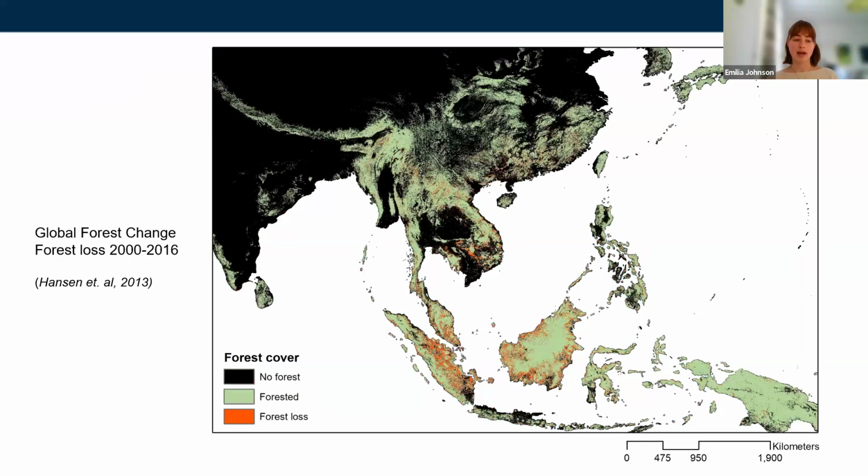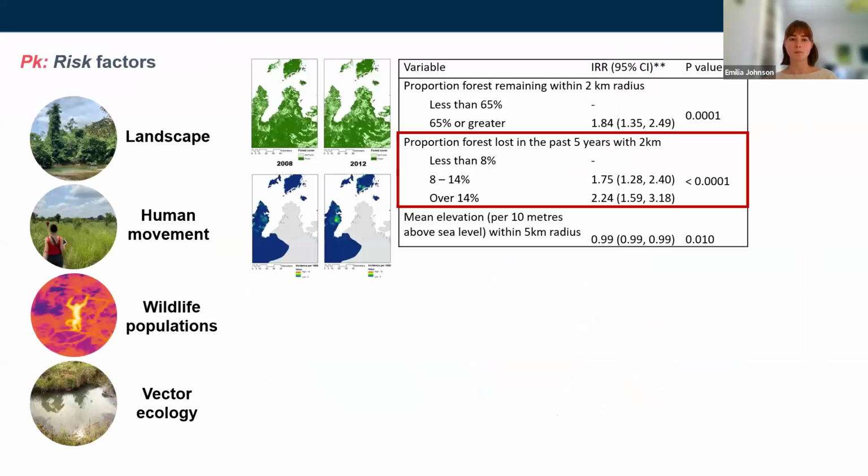When you then overlay a map of tree cover and forest loss, you can see there is a clear spatial overlap between areas experiencing high rates of deforestation or forest fragmentation, and high incidence of human cases. So it suggests a link between the two.